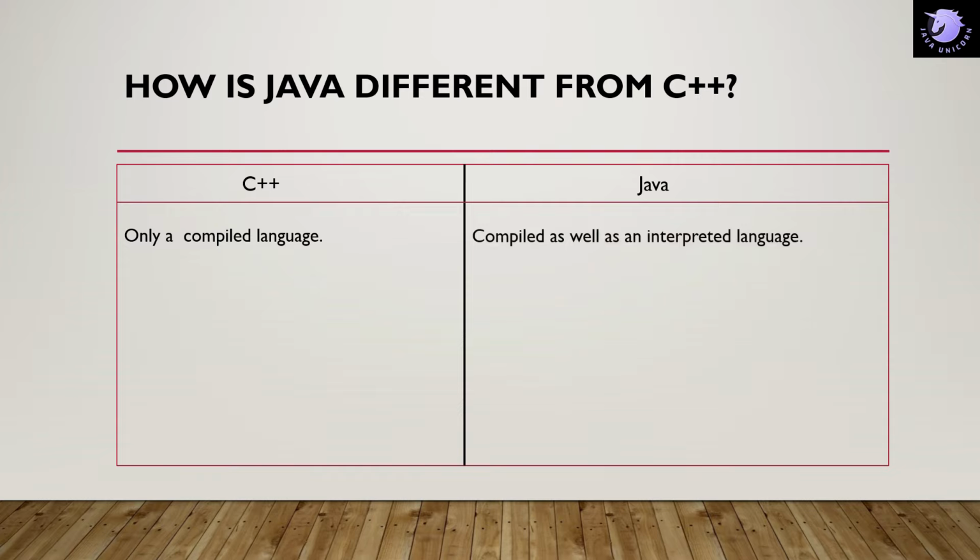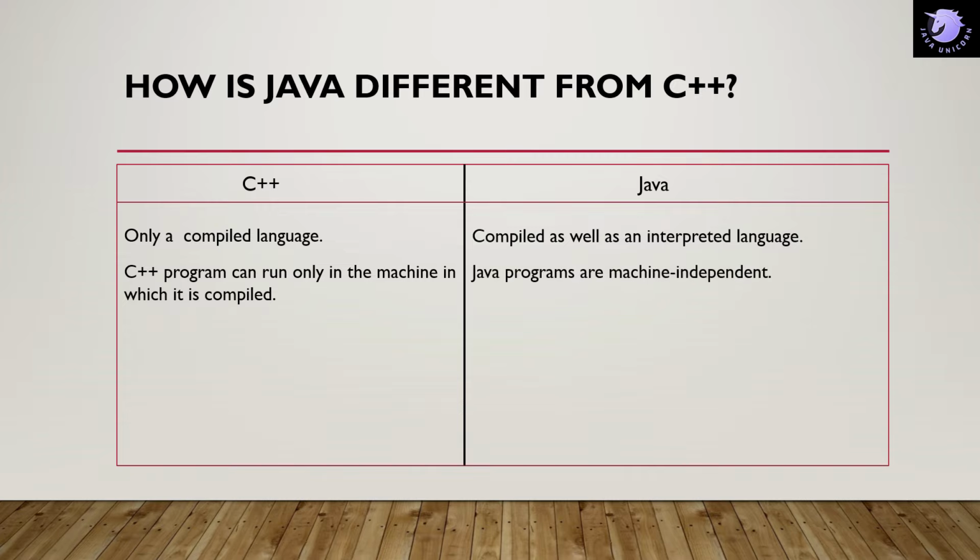That means once you have a compiled version of your source file, you only have to run that compiled version, so you don't need to compile every time. In C++, we can run only on the machine on which it is compiled, whereas Java programs are machine independent, as we saw in one of the previous slides. That means we can write once and run anywhere on any operating system.